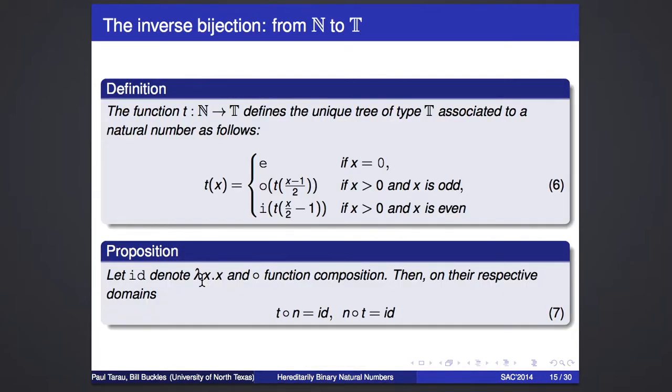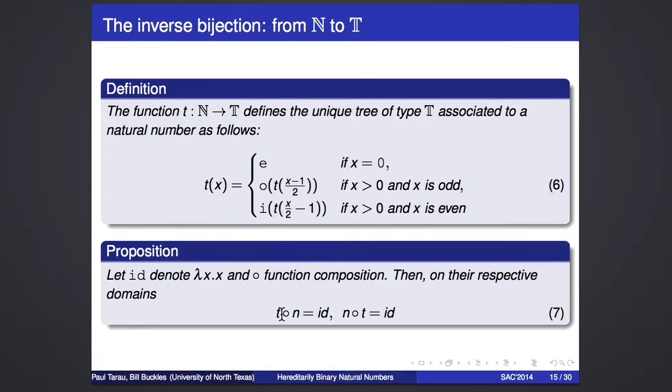So the inverse bijection now is relatively easy to build. We have T of x, that is the empty leaf for x equals 0, and then applying numerically the inverse of O here, and then applying O over it, applying numerically the inverse of I here, and then applying T, and then applying the I operation here.